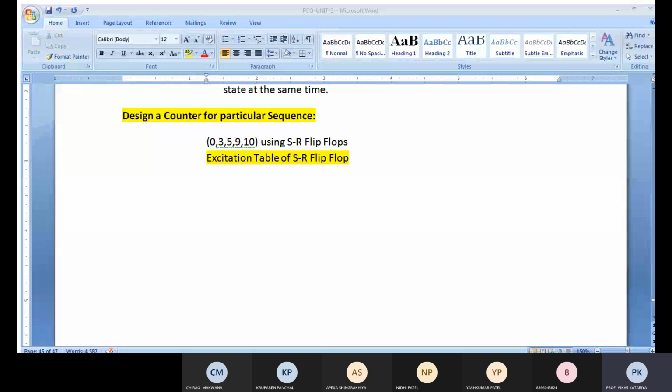Similarly, present state is 1 and next state is 1, the value of S should be don't care, that is cross, and the value of R should be 1. So this is the excitation table of SR flip-flop.